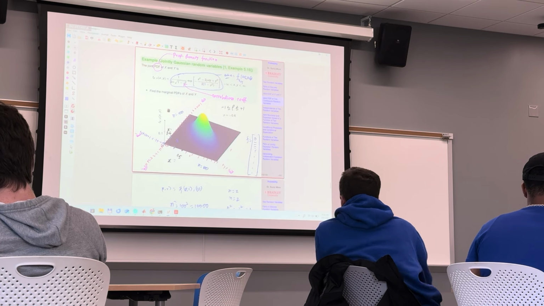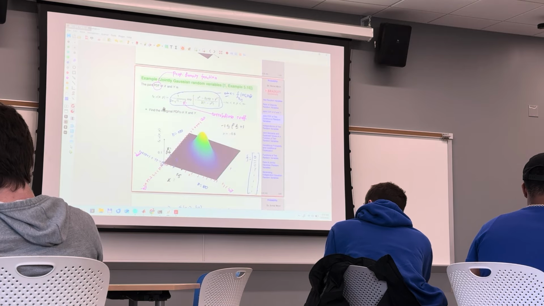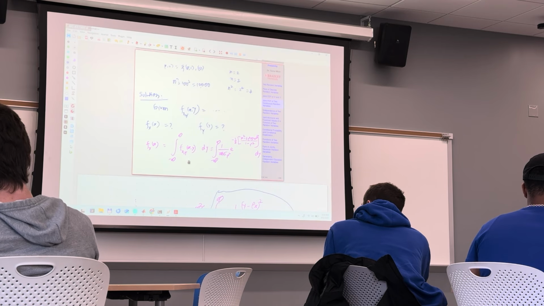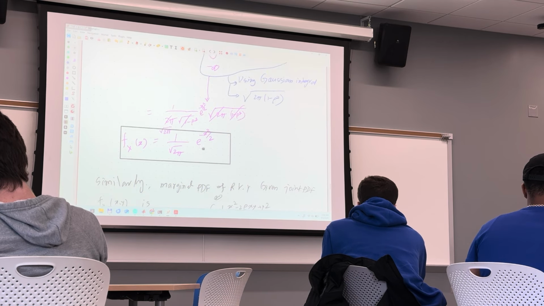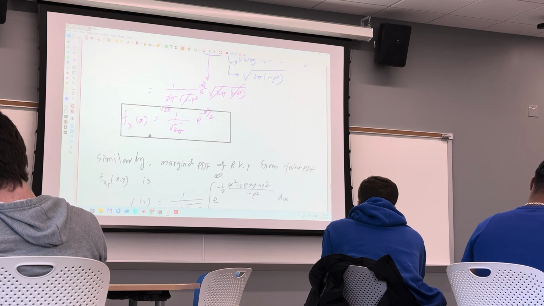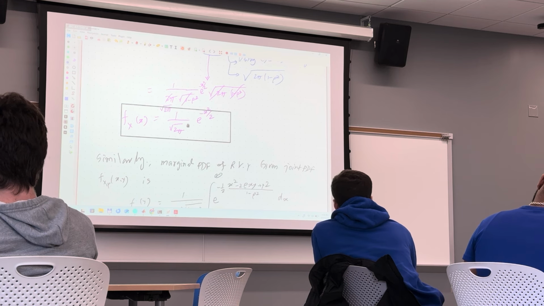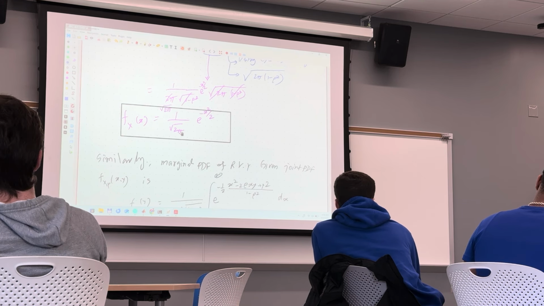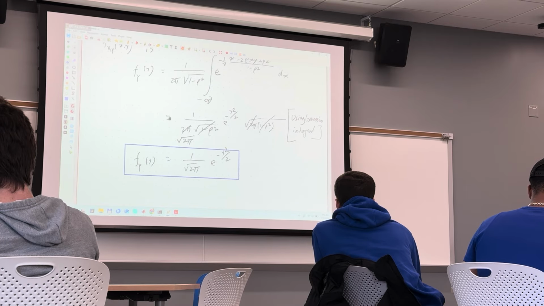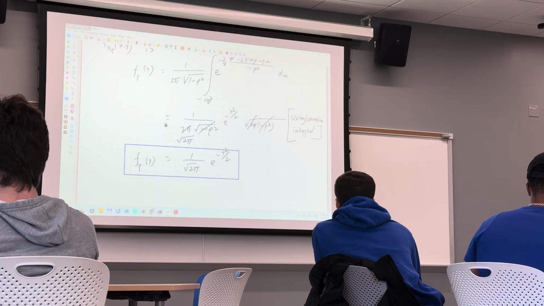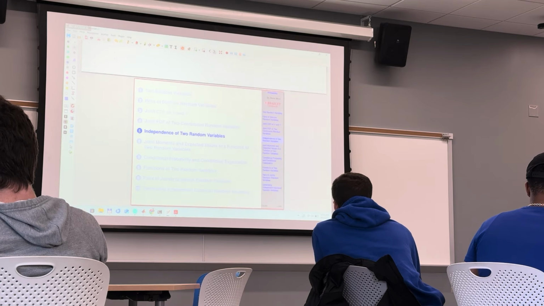So in that example, we wanted to find the marginal PDF of random variable x. Did you see the marginal PDF of random variable x? So this is the marginal PDF. Okay. So some of you took notes. So keep this in mind. And we found the marginal PDF of random variable y for the same joint PDF.